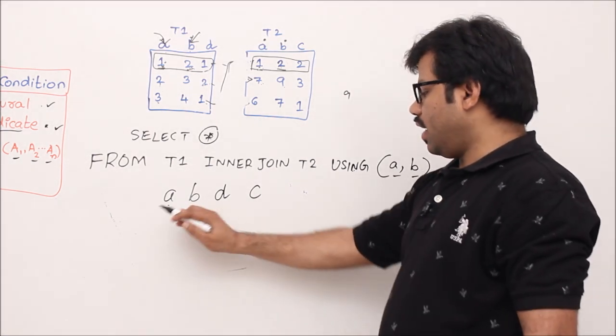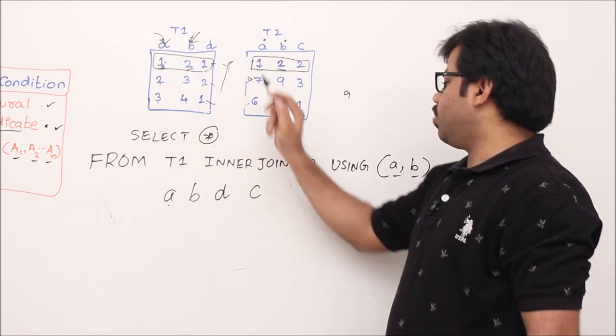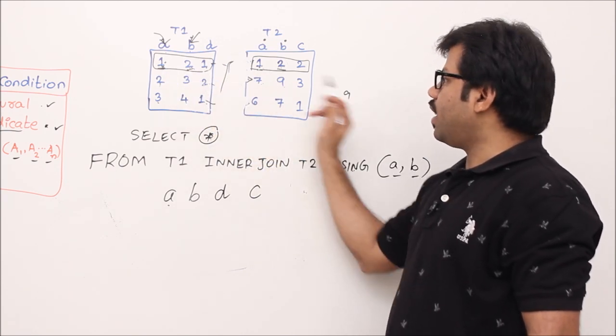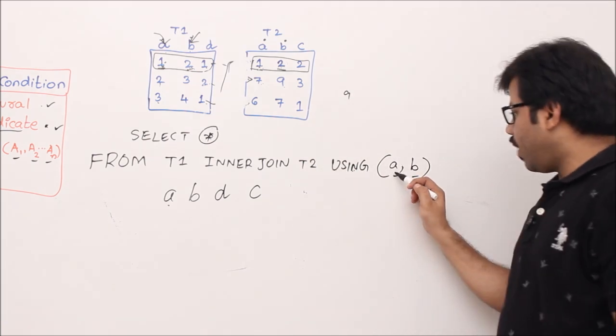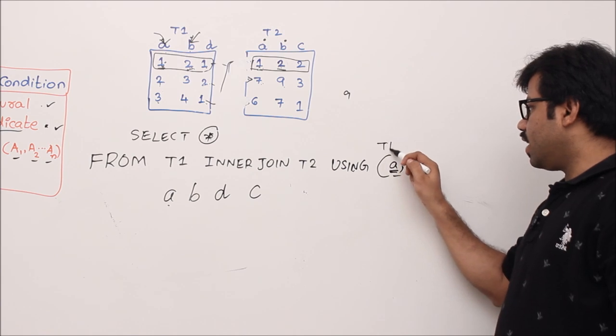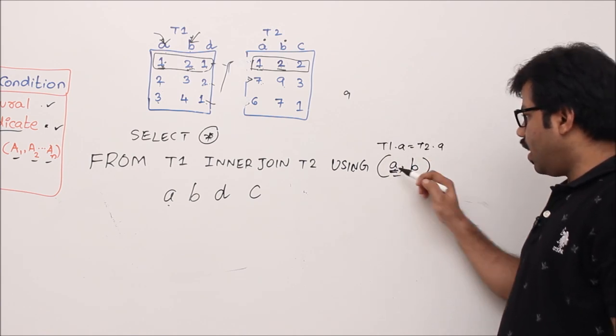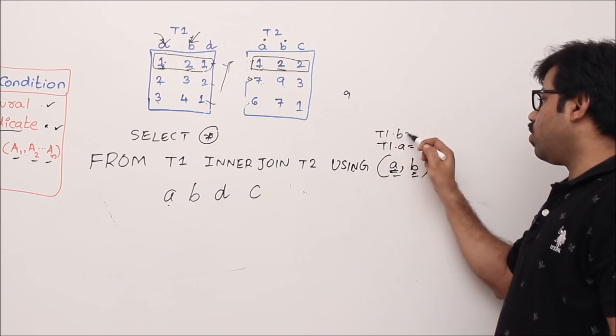Now what are the A, B values? See here, this tuple versus this tuple. If you do Cartesian product, there will be 9 tuples. But my idea is what? Because I used using, it is like checking T1.A equal to T2.A and T1.B equal to T2.B.